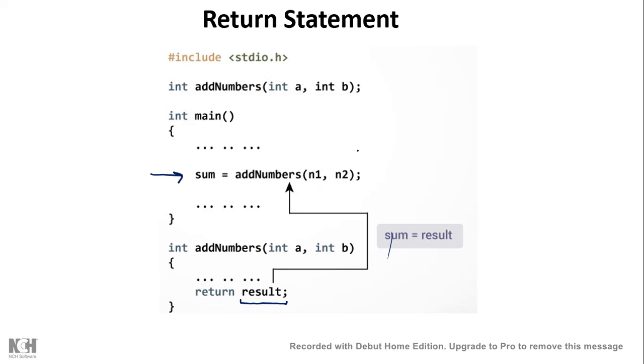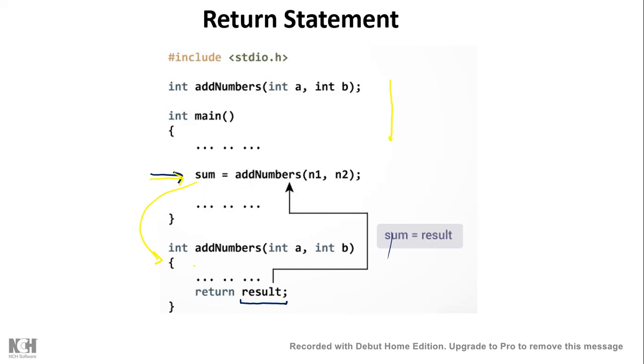So what happens? The flow of the program is like this. We start in main, the code executes, and once we see this function call, the control jumps to the function body, the function definition part.